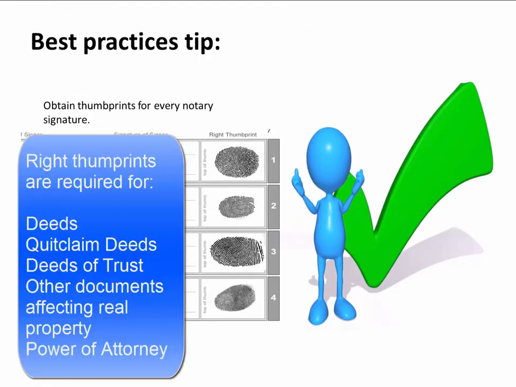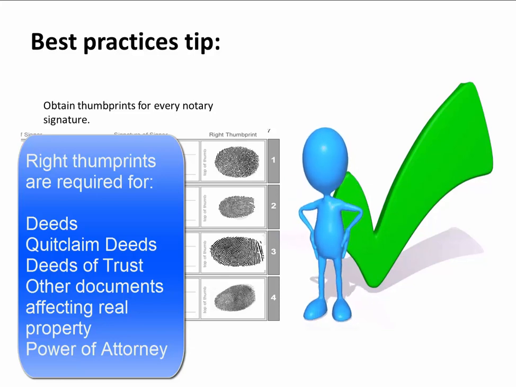Okay, if the document's a deed, a quitclaim deed, a deed of trust, or other document affecting real property, or a power of attorney, the notary public must require a right thumbprint in the journal as part of the line item entry.